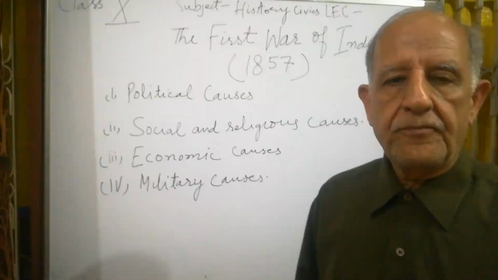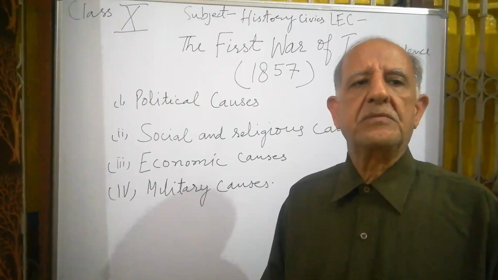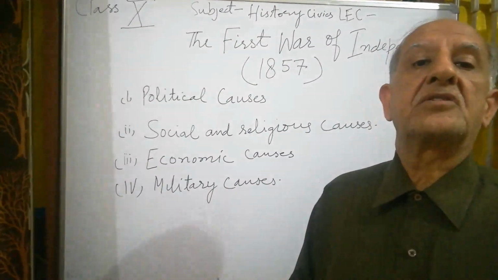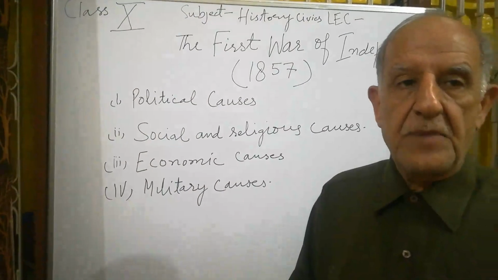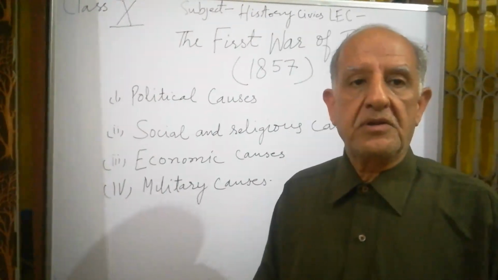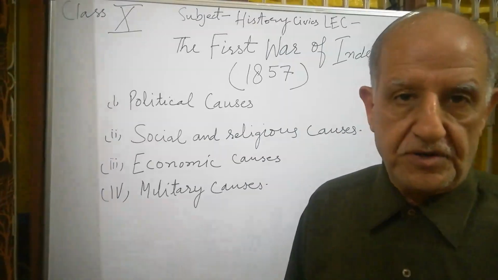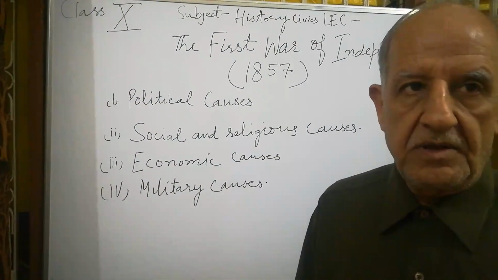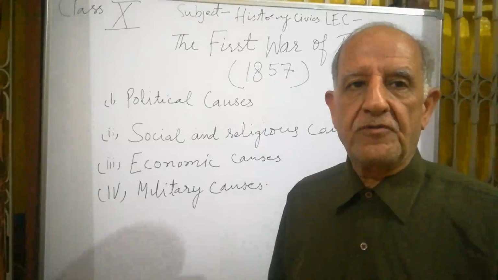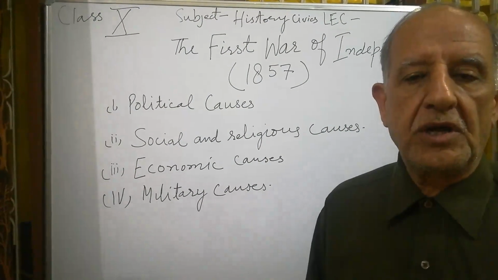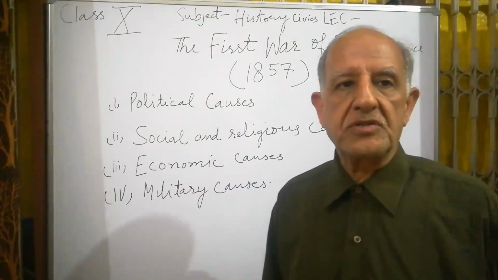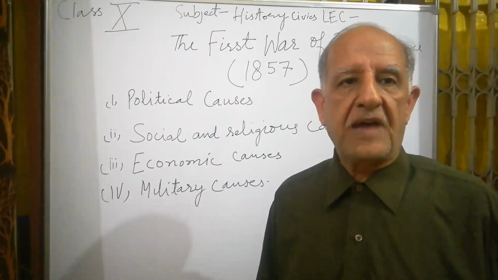And in addition to this, the British introduced railways and telegraphs in India. People did not look upon it as a positive development. People began to feel that these had been introduced to destroy the social and religious structure, the fabric of India.